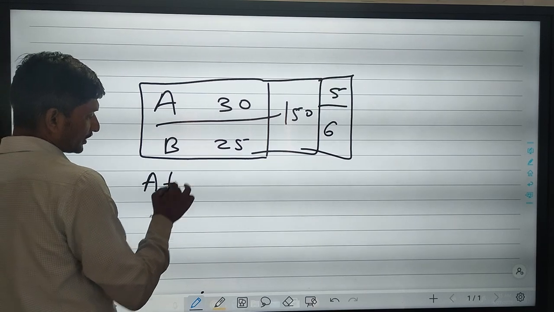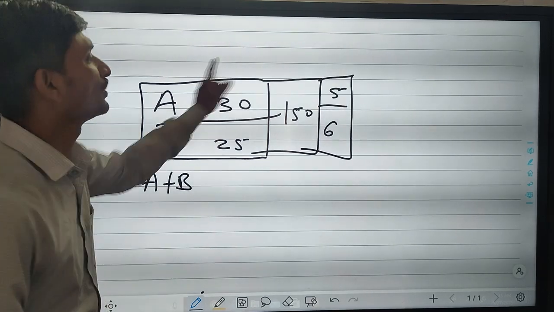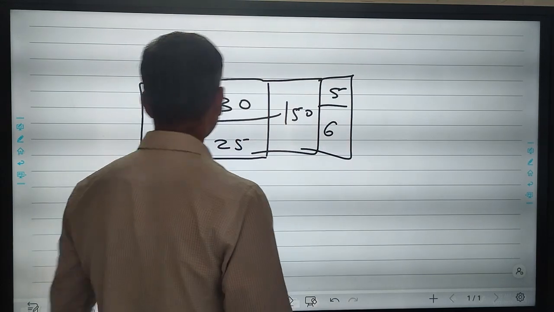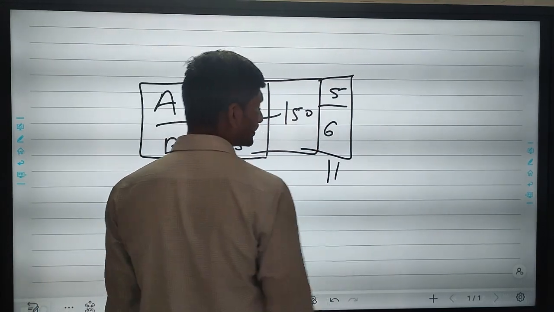Here, A plus B complete. A's one day's work is 5, B's one day's work is 6. A and B working together, one day's work is 11.